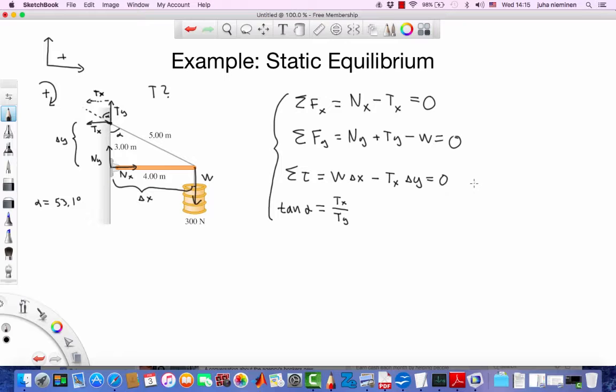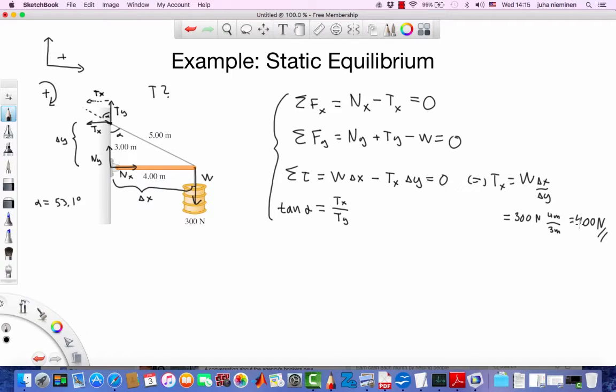So where do we start? Does any of these equations have only one unknown? That has 2, that has 2. This one has only tx, so we can in fact solve tx from here. So tx is weight times delta x divided by delta y, and that is 300 newtons times 4 meters divided by delta y, 3 meters, so that's 400 newtons.